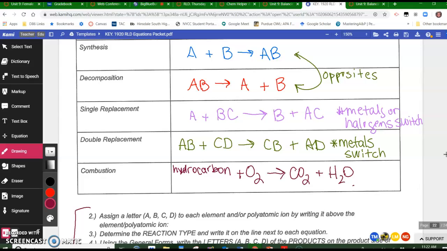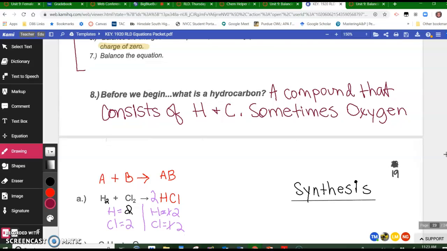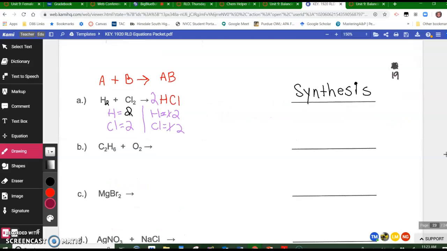Yep. So here's my combustion reaction right here, a hydrocarbon plus oxygen. And combustion reactions are kind of simpler than all the others because the products are always the same. You always have carbon dioxide and water as your product. So this is a combustion reaction.